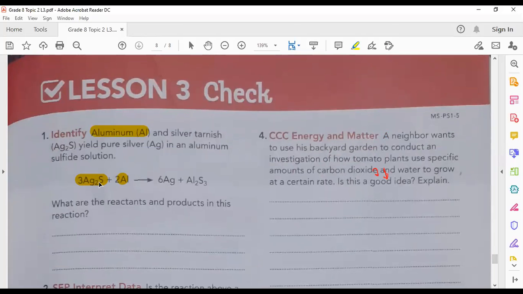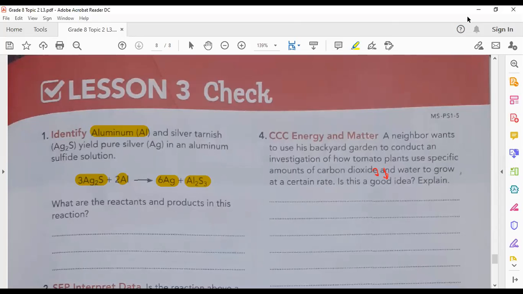When they react, they produce pure silver and aluminum sulfide. So we have two reactants, tarnish or silver sulfide, which combine with aluminum. The result is pure silver and aluminum sulfide. What are the reactants and the products in this reaction?